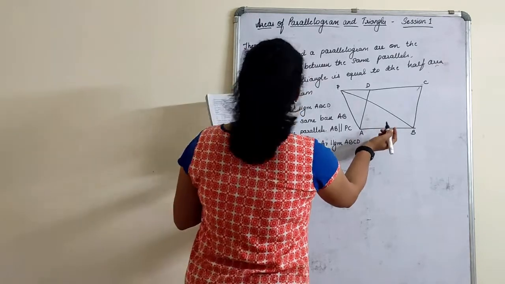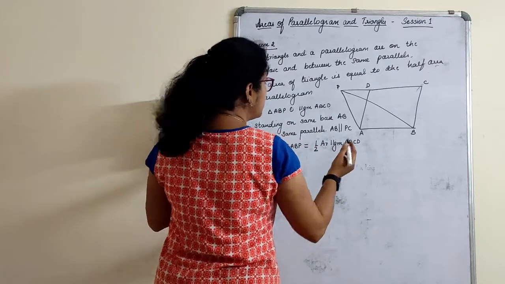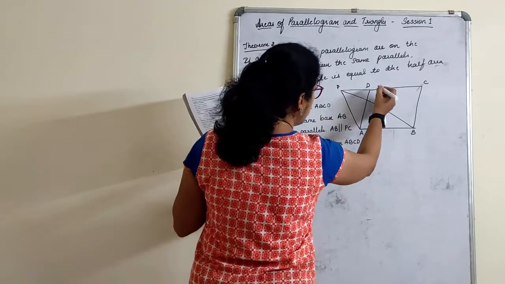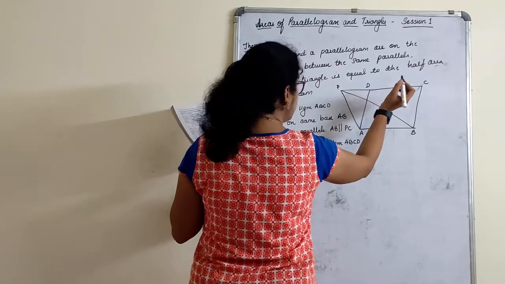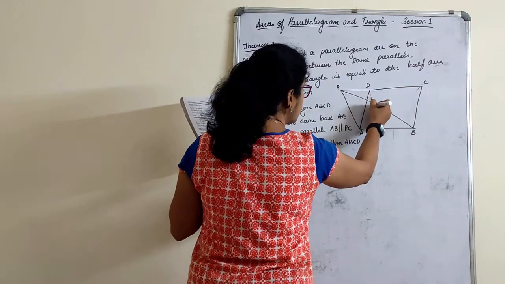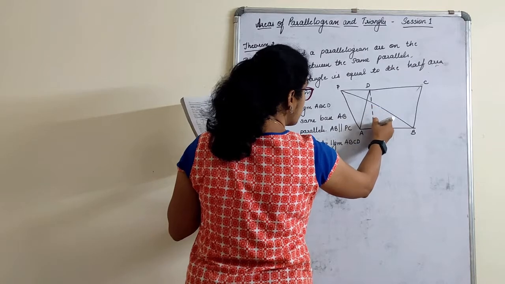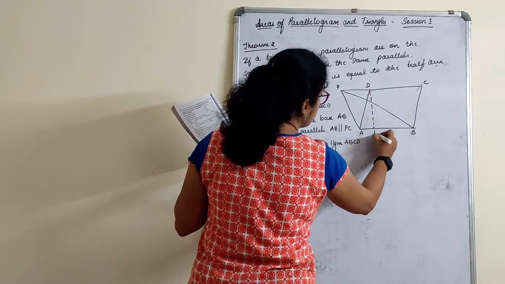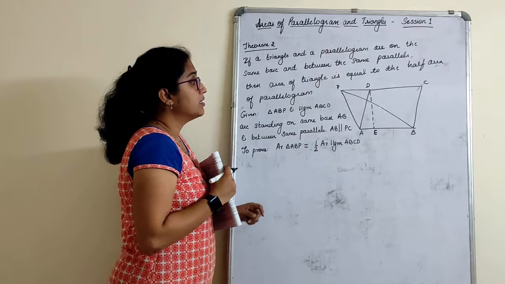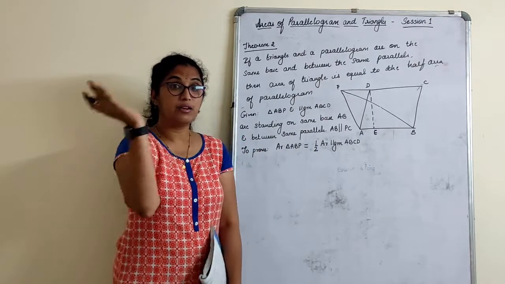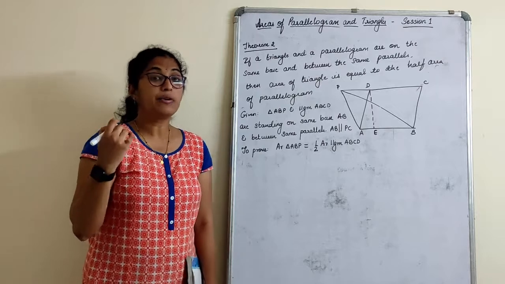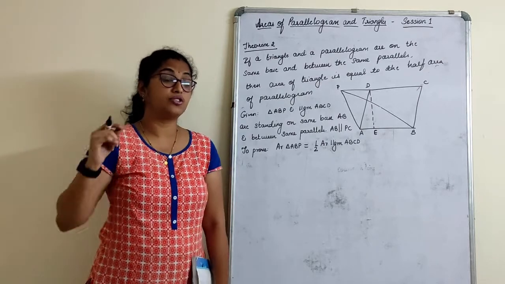So for the construction, I will draw one perpendicular here. This is E. Now for example, this is a room. In this room I want to place a triangle.